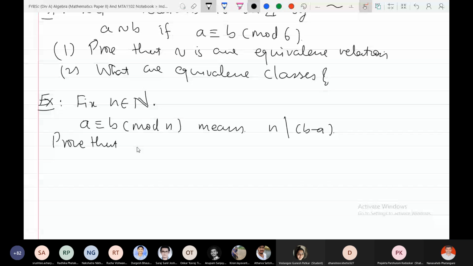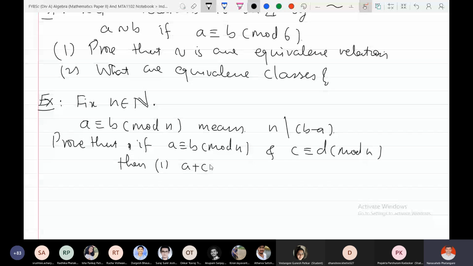Prove that if A is congruent to B modulo n and C is congruent to D modulo n, then A plus C is congruent to B plus D modulo n, and second, AC is congruent to BD modulo n.